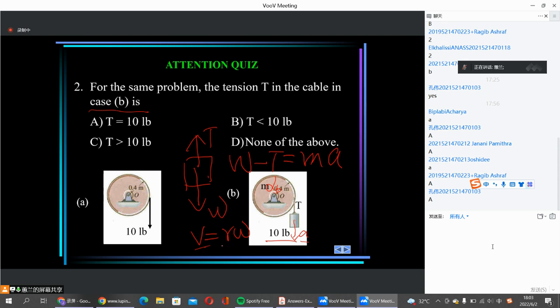So take the first time derivative, and we will have a of the block equal to R alpha, right? So T equal to W minus M a. So T should be smaller than 10 pound. Okay, the answer should be B.